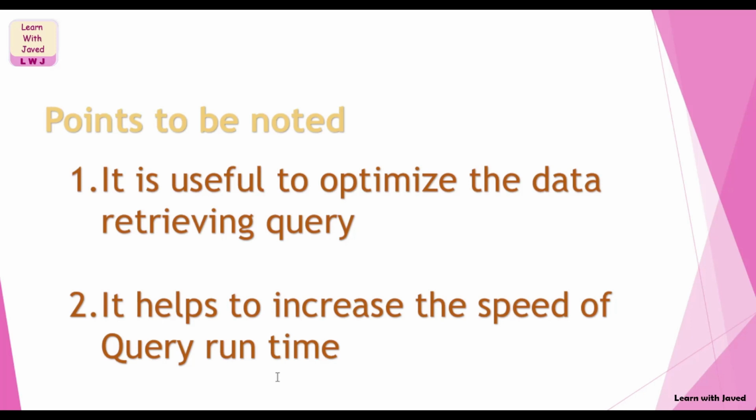Okay, but earlier we were having additional countries and additional discount bands also. So what we did, we removed the additional rows. So as a result, it helped to increase the speed of query runtime, right? So let me move to the next slide.